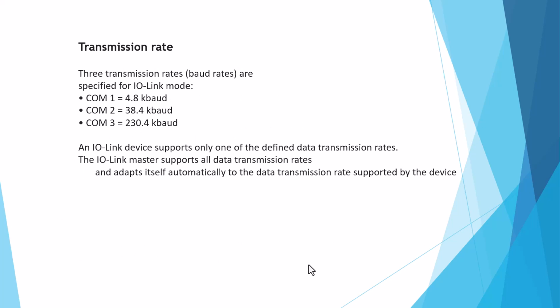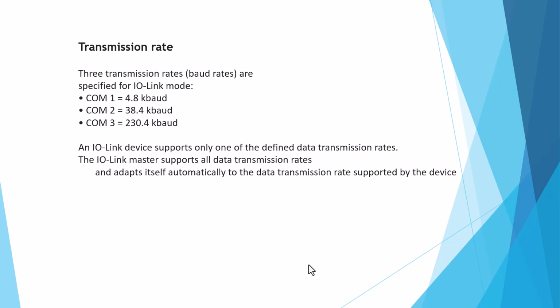Transmission rate is baud rate. IO-Link has 3 kinds. COM1 is 4.8 K baud rate. COM2 is 38.4 K baud rate. COM3 is 230.4 K baud rate.